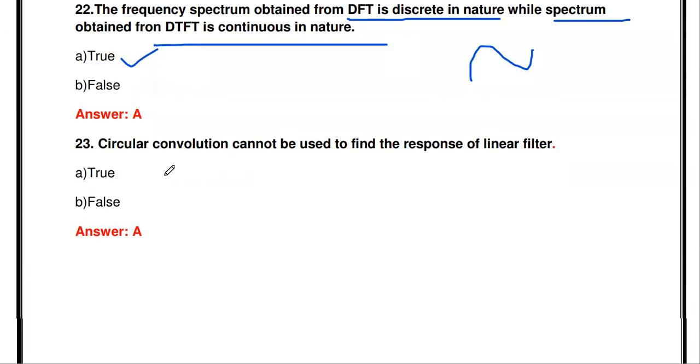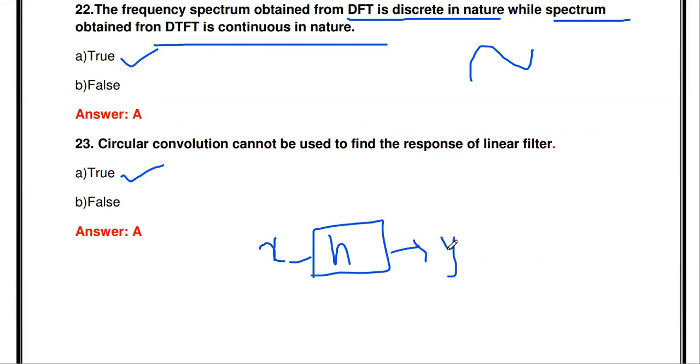The next one: circular convolution cannot be used to find the response of a linear filter. Yes. The linear convolution is for one system. If the impulse response h and the input sequence x are given and we want to find the output y, then y is nothing but the linear convolution of x of n with h of n.